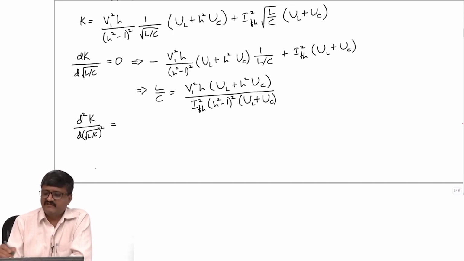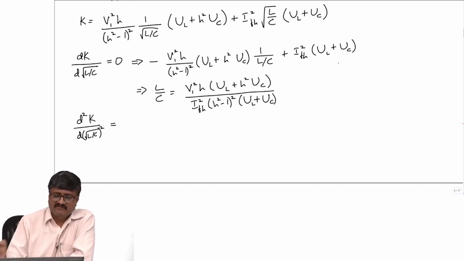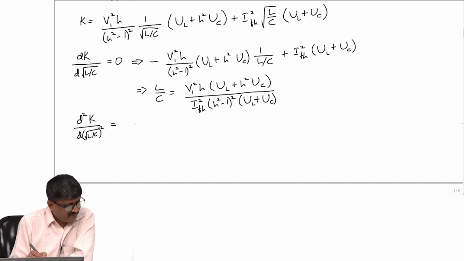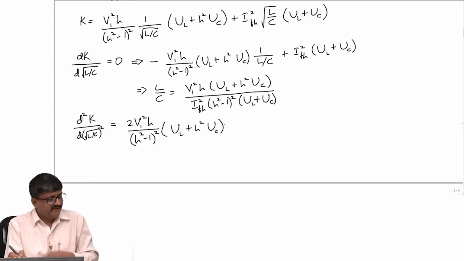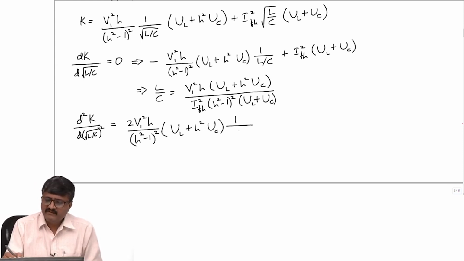If you look at the first derivative expression, the second term is independent of L by C. So, what I get is 2 times V1 squared H divided by H square minus 1 whole squared UL plus H squared UC into 1 by square root of L by C to the power of 3.